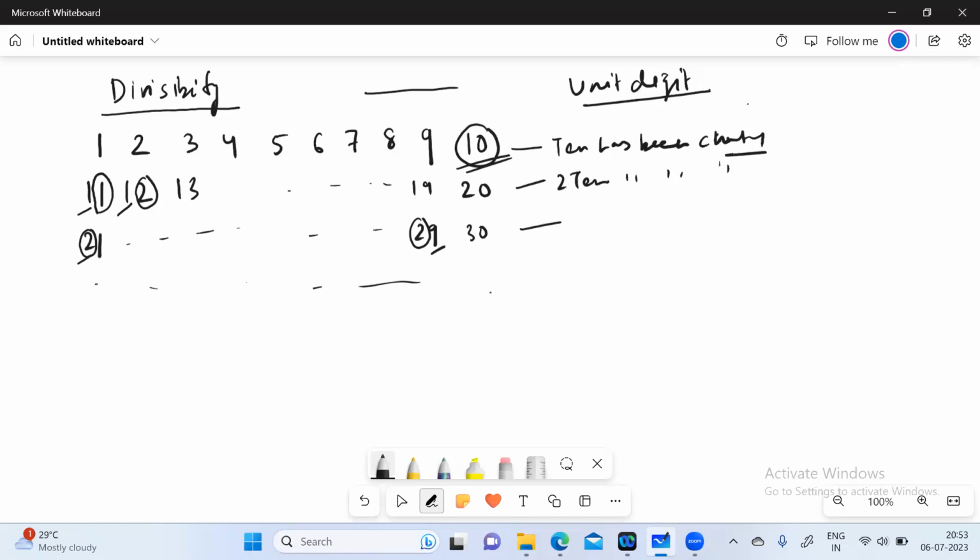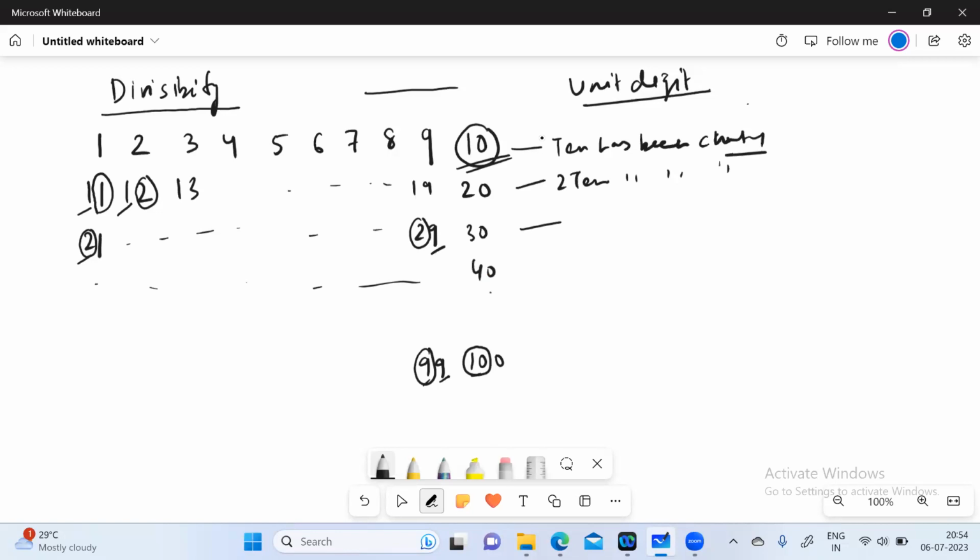If you go likewise, finally you'll get 99, and after that 10 times 10 is completed. So this 100 says 10 times 10 completed. This is how we write or count in our decimal system.